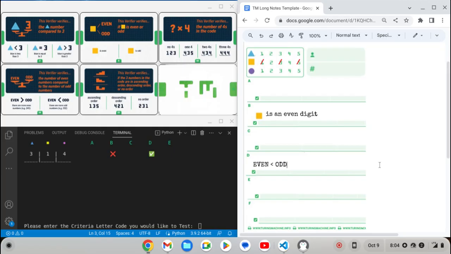And since we've already established that square actually is even and we need a majority of odds, that means that triangle and circle must be odd. So let's go ahead and cross out the evens in both triangle and circle.